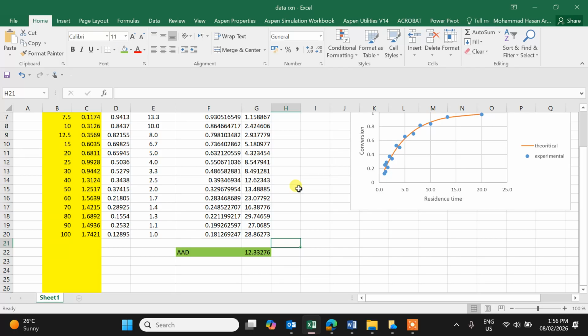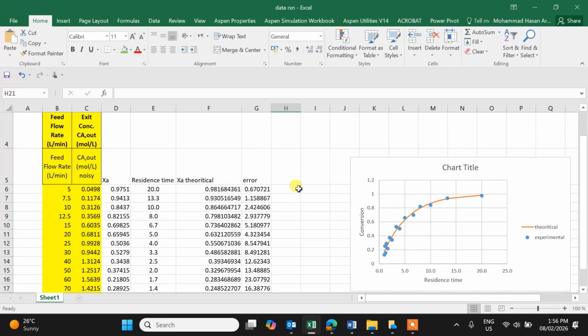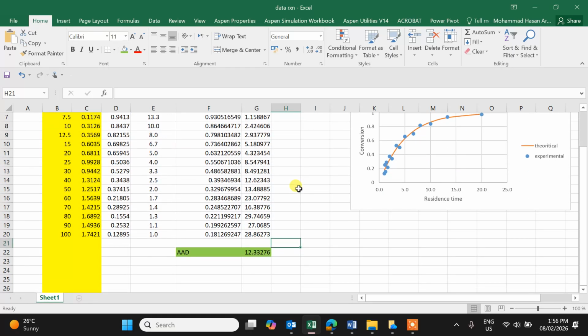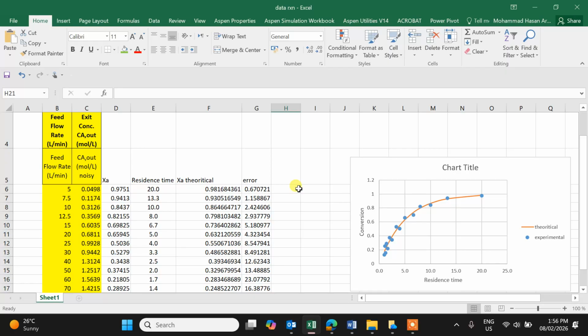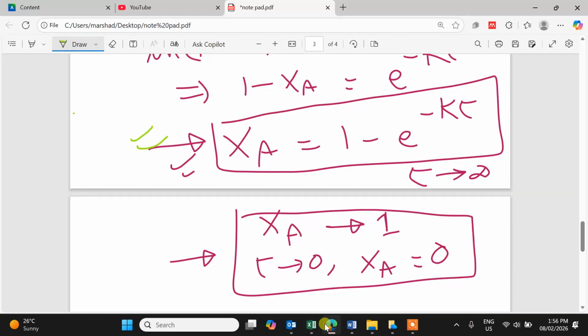And then what you can do, for example, here we can check the rate constant values. How close are they? The rate constant value of the reaction. So let me calculate with the same equation.